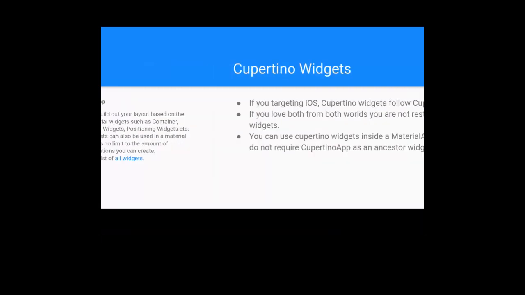Also, if you're targeting maybe iOS, you'll find that there are already widgets that you can use. These are called Cupertino widgets. You can use them to give your app a look and feel like iOS native.